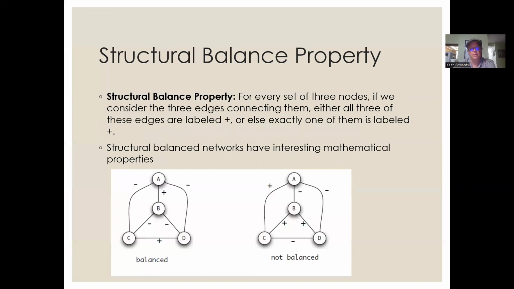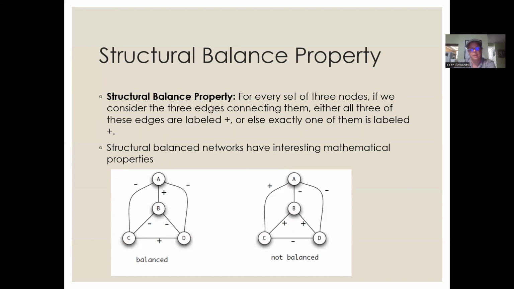So the structural balance property says for every set of three nodes, if we consider the three edges connecting them, either all three of the edges are labeled positive, mutual friendships, or else exactly one of them is labeled plus, which is the mutual enemy.